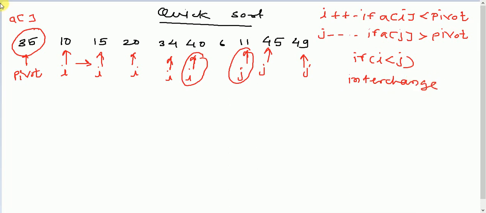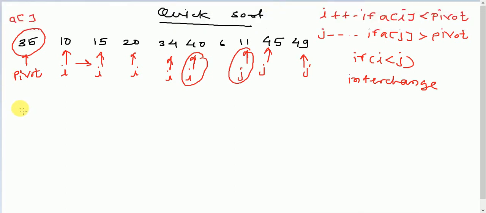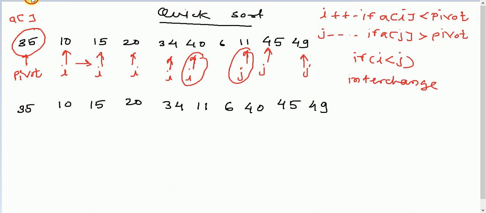Again I'll rewrite my array here with 35 as the pivot element, 10, 15, 20, 34. Now 11 and 40 will interchange here, so 11 will come here, and 40 will come at the place of 11, then 45 and 49. Here 35 by default is our pivot.